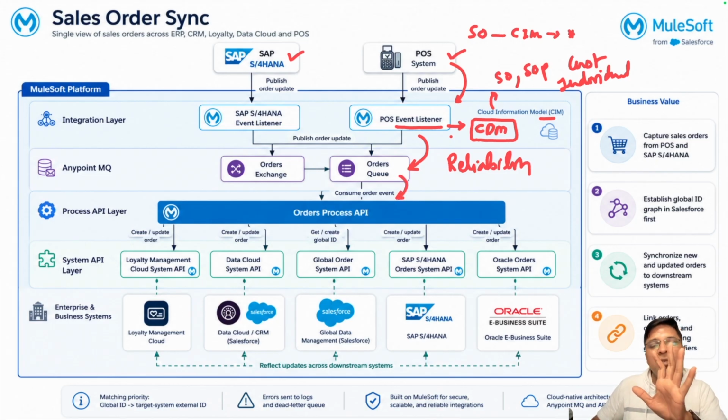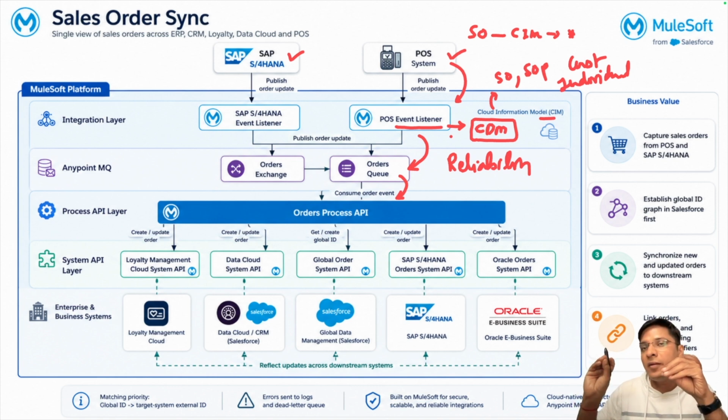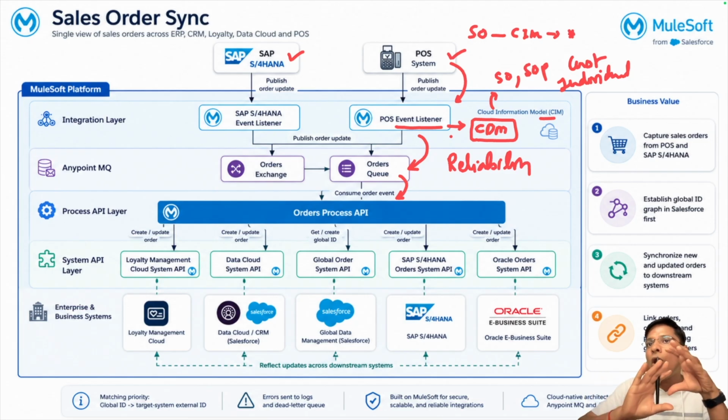So I'll take a pause here, because this is where all the business logic will be to handle all the kinds of challenges. The first challenge is where all the systems are disconnected. That will be handled by something called global data management, where this particular sales order will first be checked to see whether it is associated with any existing customer profile.